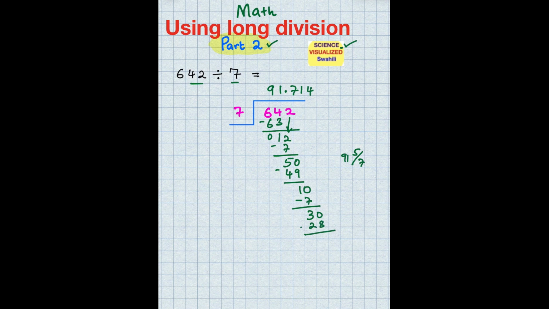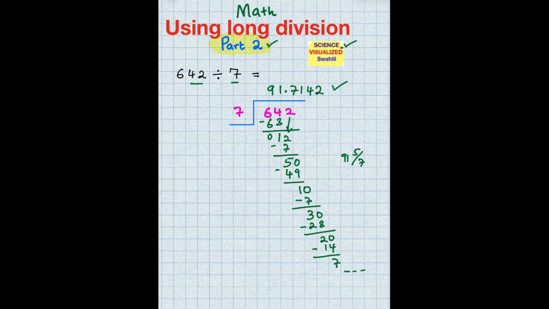When you subtract that, you end up with 2, then you put a 0 again, and 7 can go into 20 two times. 3 times would give you 21, which is above 20, so you want it to be equal to that number or below it. So 7 times 2 gives you 14, and when you subtract that, you end up with 6, and that continues. So we see that we have now generated an answer that contains decimal points.